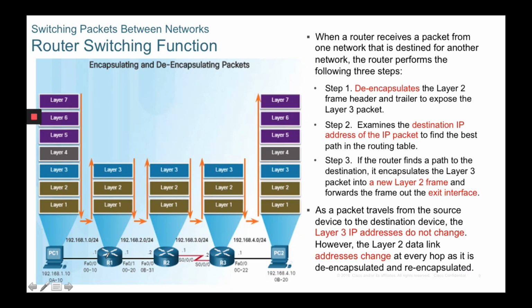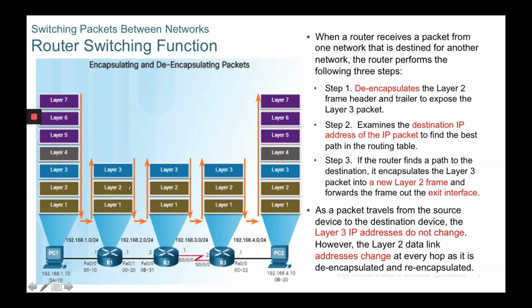Router 1 found out that the destination IP address is not dedicated to this router 1. Therefore, router 1 is going to encapsulate the destination IP, which is 192.168.4.10, and pass down to layer 2, informing layer 2 that in order to route to the destination address, which is 192.168.4.10, you have to pass by this router 2 interface.